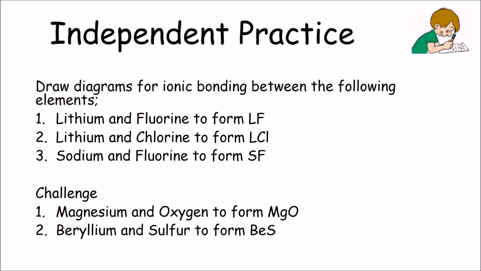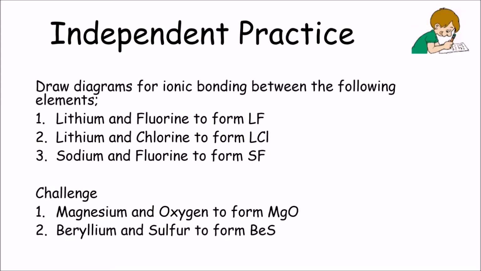Okay guys, now I'd like you to have a go at the following questions. We've got some different atoms there, and they're going to form different ions and combine together. We should have already drawn these ions before from last lesson, so that's a step you've got done for you. You now just need to look at how they're combining to form their compounds. So have a go at drawing those diagrams, and rewind and have a look through that explanation again if you're not sure. That might help you if you're not quite sure.